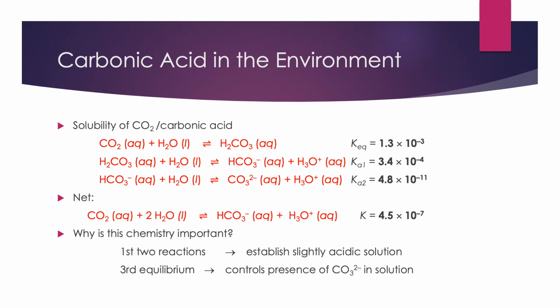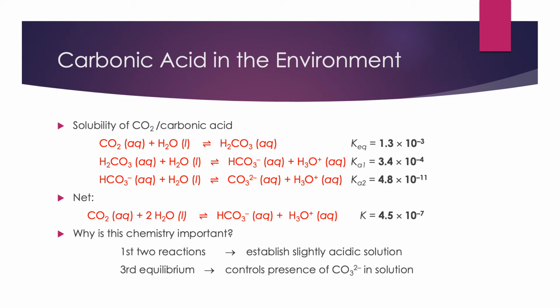All right, so let's try to unpack this a little bit. The first two equations are basically setting the stage for the acidity of the solution and the amounts of bicarbonate ion, carbon dioxide, and hydronium ion, all of those things that are present there. The key element that comes out of the third chemical reaction is the carbonate ion in solution.